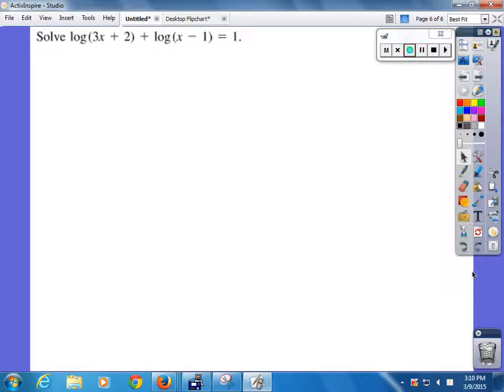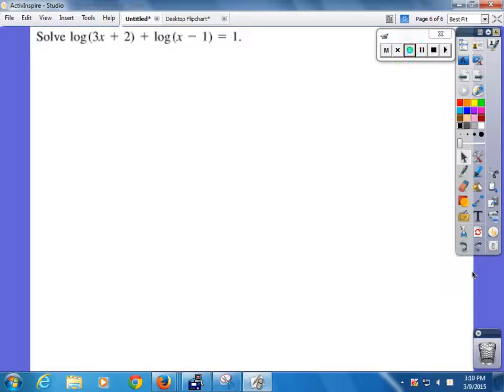This one, you're going to do something different. It's not going to be like the first one or the second one. Yes, you're going to use the product rule. That's true. But after you use the product rule, you're going to use something else that's different. It's in your notes.